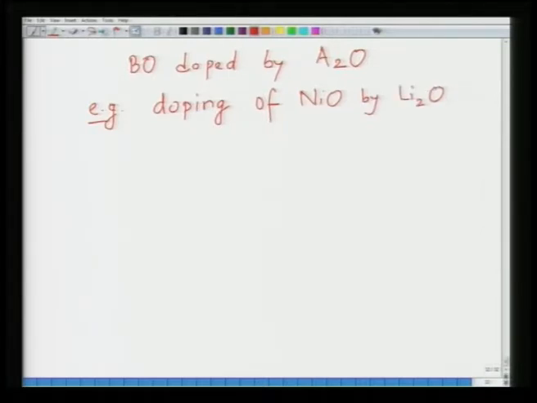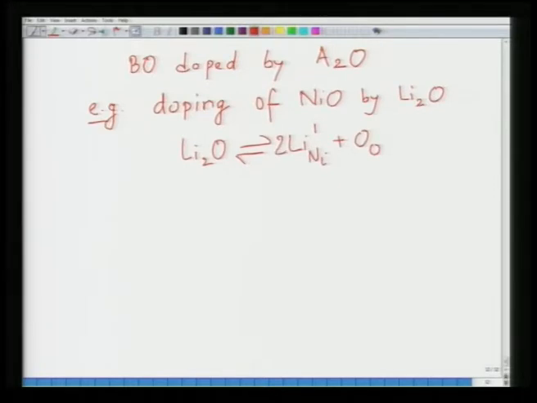Now, when you dope nickel oxide by Li2O, what are you going to get? Li2O will result in Li at Ni site. So, when Li goes to Ni site, it is going to have one negative charge on it, and let us say you have oxygen going to oxygen site.